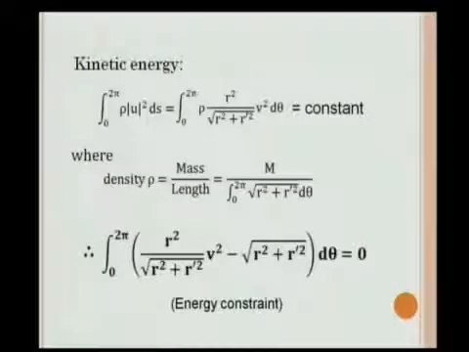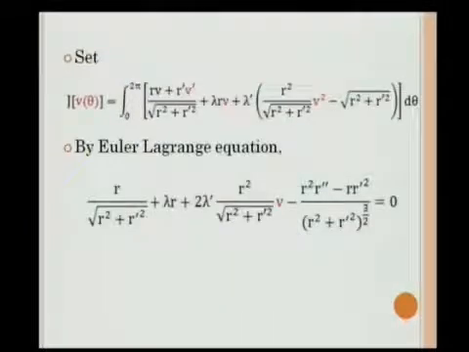As the kinetic energy of the string was constant, we got these energy constraints. By setting up the functional J and solving it by the Euler-Lagrange equation, we successfully find the functions v, lambda, and lambda prime, such that it optimizes the rate of change of the perimeter with the area still fixed.